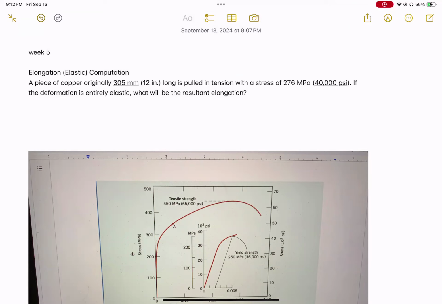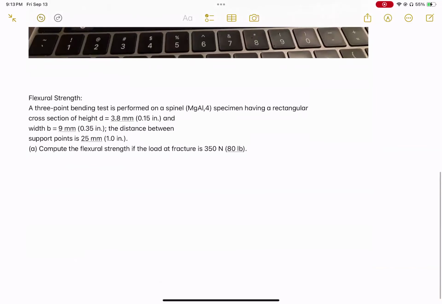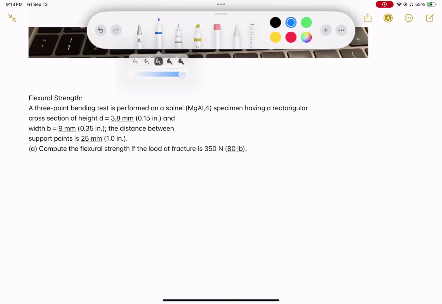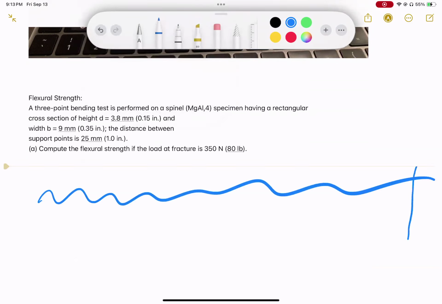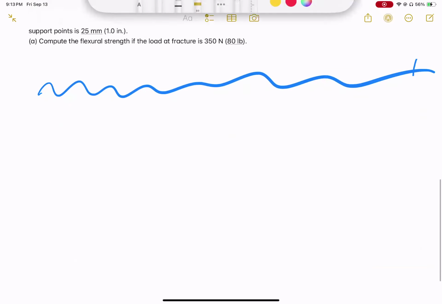If the deformation is entirely elastic, what will be the resultant elongation? I'm still trying to work out the kinks of these iPads and such. Not the best, obviously.